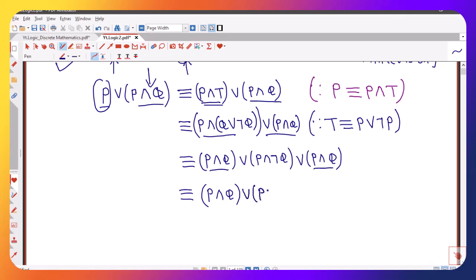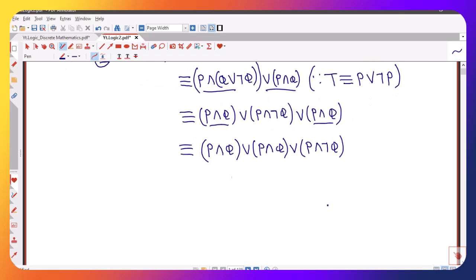Here I can write down P and Q. Using associative property we can reorder all these things, and using commutative law also. And now we know that if we have P or P, then that is logically equivalent to capital P.